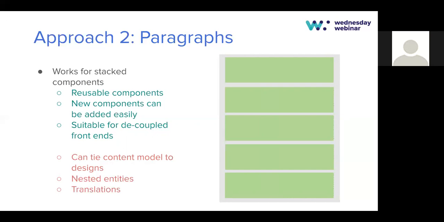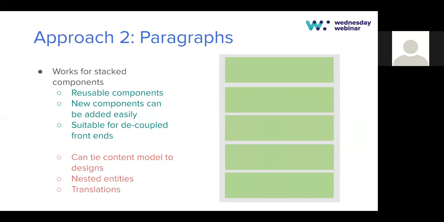Some of the disadvantages of this approach might be that it does tie your content model to your front end design, and we'll jump into a demo of this straight away, and you'll see what I'm referring to. So this is really great if you want to create stacked pages like you see in the screenshot. So if you have one component after the other in a single column, this works really well.